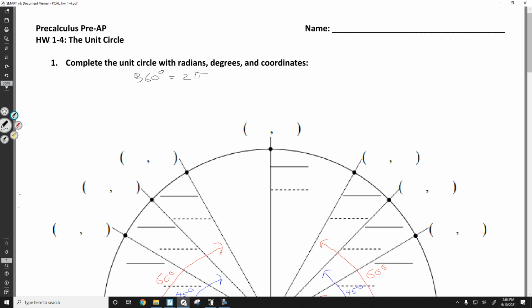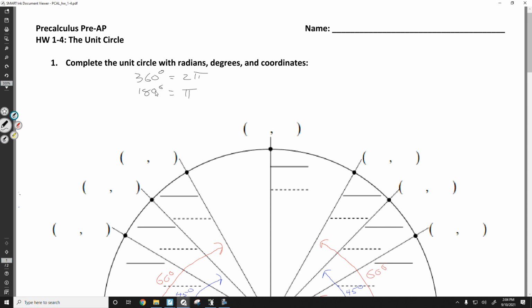What's 180 degrees? We know that, right? Because you just take 2π divided by 2. You take the circumference of a unit circle divided by 2. What's 30 degrees? π/6. Take 180 and either divide it by 2 and then divide it by 3, or take 180 and divide it by 6.